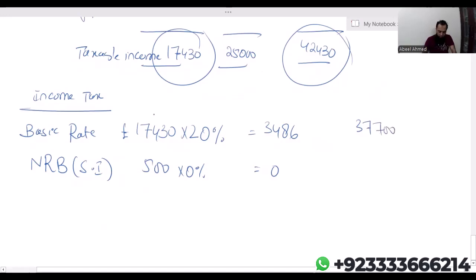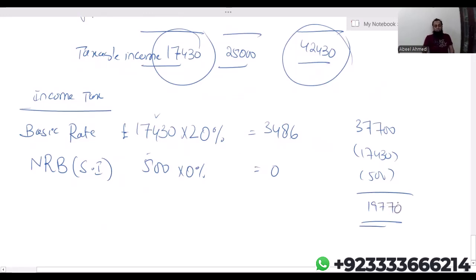How much basic rate band is unused? 37,700. We have used 17,430. We have used 500 as well. So how much basic rate band is unused? 37,700 minus 17,430 minus 500. Students, I'm getting 19,770.